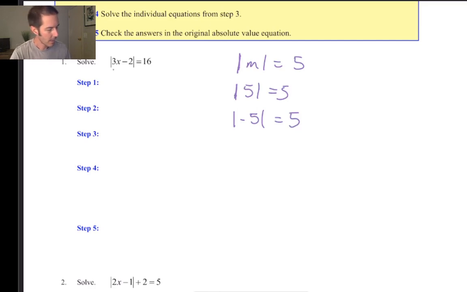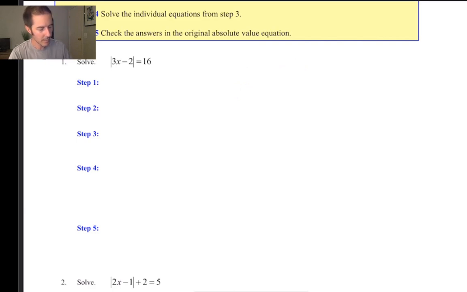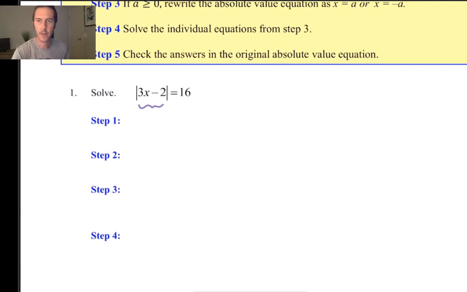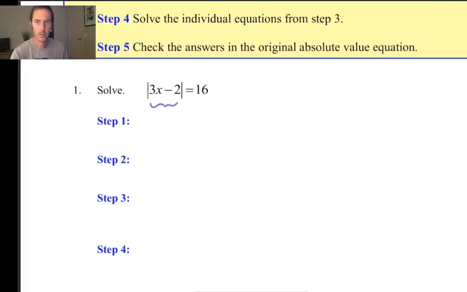Apply a similar line of thinking to the expression that's inside these absolute value bars.